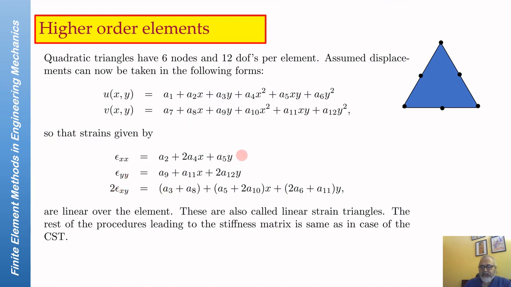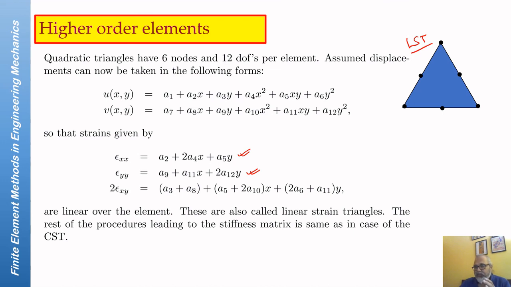So all these will give rise to linear strains. So this is called LST, or a linear strain triangle. Contrast this with CST, which allows you to approximate constant strains over the region of this triangle, whereas this allows you to use linear variations of strain.